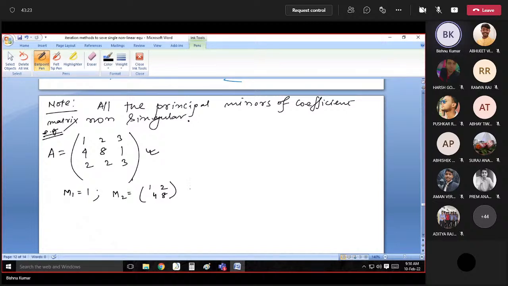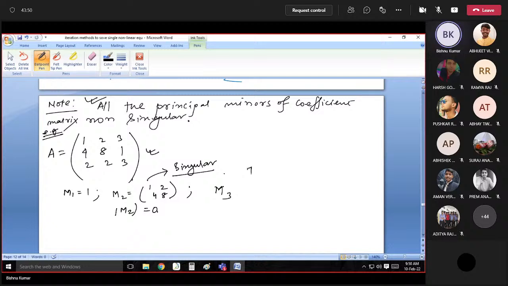You just see and check. Its determinant value is 0, so it is singular. We need not check M3. So the determinant of M2 is 0, so it is singular. Eight minus 8 is 0, isn't it?